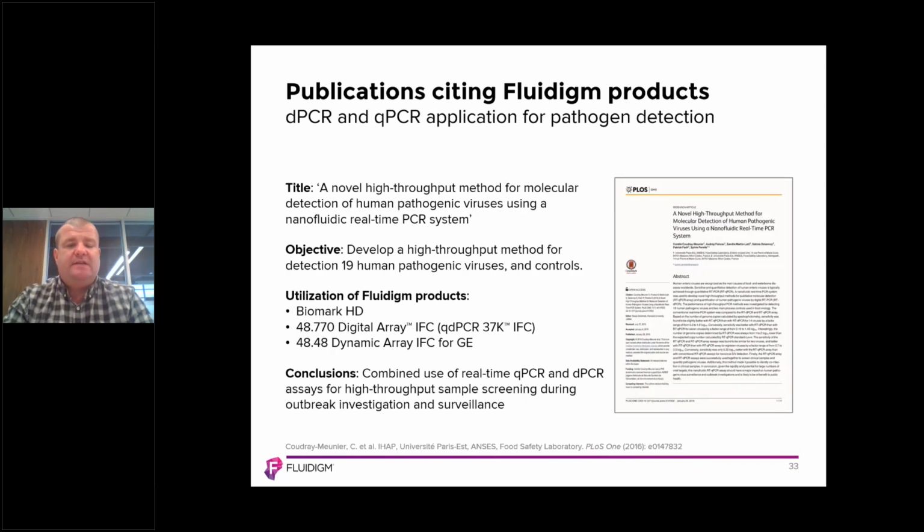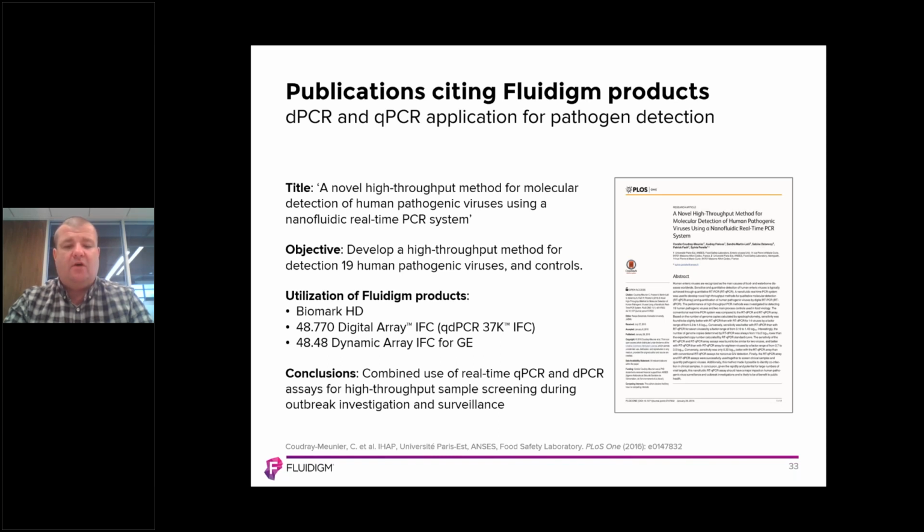Other publications using the Fluidigm technology include digital PCR and qPCR applications. Again, another example here, published in PLOS ONE, shows a novel high throughput method for molecular detection of human pathogenic viruses using a nanofluidic real-time PCR system. The objective was to develop a high throughput method for the detection of 19 human pathogenic viruses and controls.